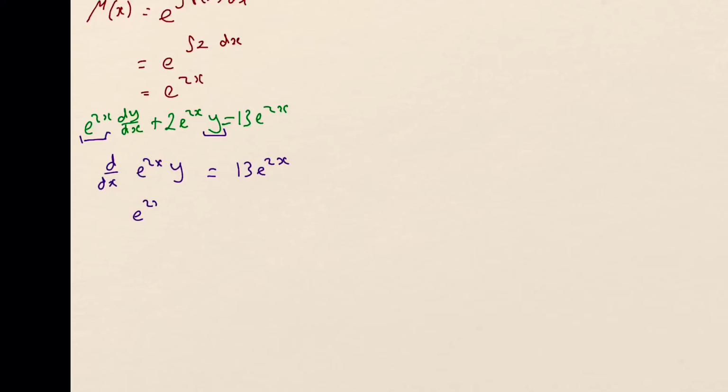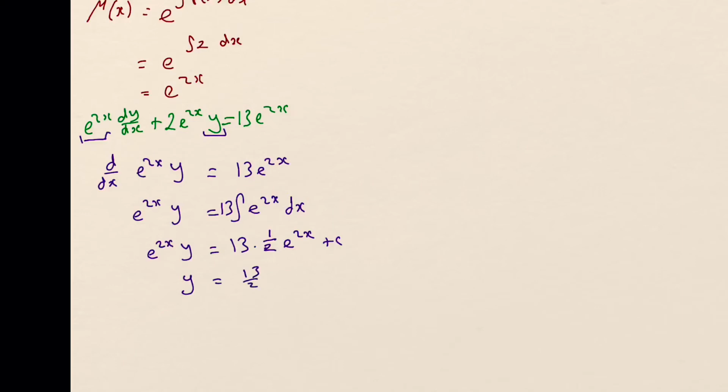Integrate both sides, e to the 2x y is equal to 13 lots of the integral of e to the 2x dx, which we can then solve. 13 lots of a half e to the 2x plus c, and then we can solve for y. So we've got 13 over 2 plus c e to the negative 2x, and that is y, as we had no initial conditions.